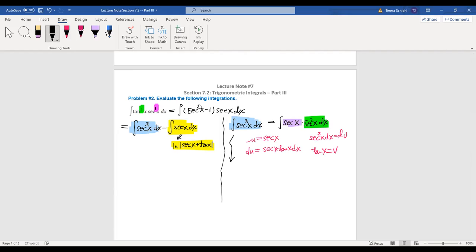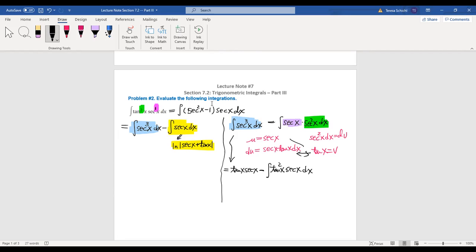Now this will be equal to uv minus the integral of v du. Remember that: uv minus v du. So it will be tangent x secant x, minus the integral of v du, which is tangent x times tangent x secant x dx, so tangent square x secant x dx.